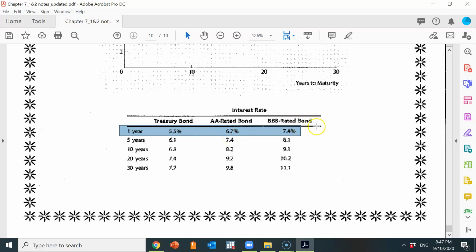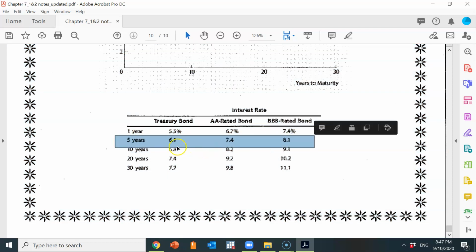The BBB rated bond has the highest interest rate because of the higher DRP and LP. Same goes for the 5-year bond. The treasury bond has the lowest interest rate, the AA rated bond has a higher interest rate because of higher DRP and LP, and the BBB rated bond has the highest DRP and LP and the highest interest rate.